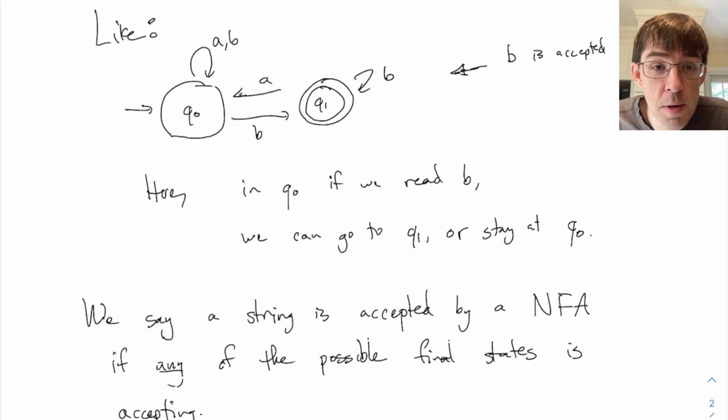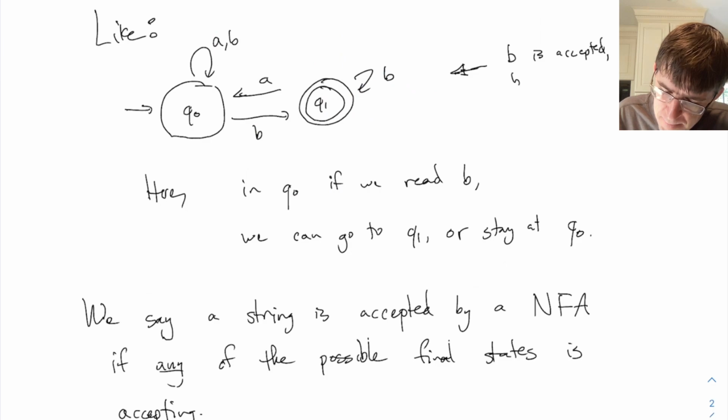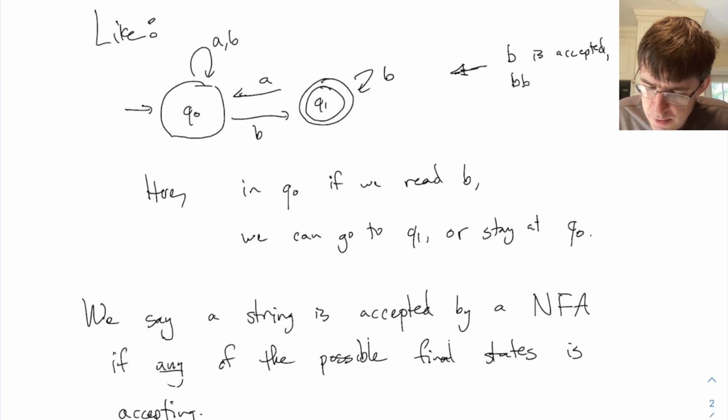Can someone else give me another one, perhaps a little more interesting? BB. Yes, thank you. BB is also accepted. You could go B and then B. BB is interesting because, and this is true of B also, you could have stayed over here the whole time, and then you're not in an accepting state.